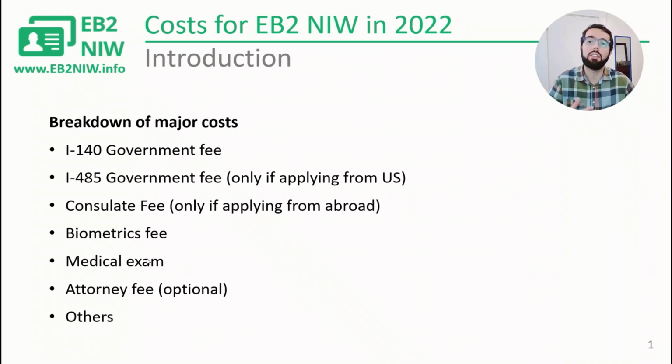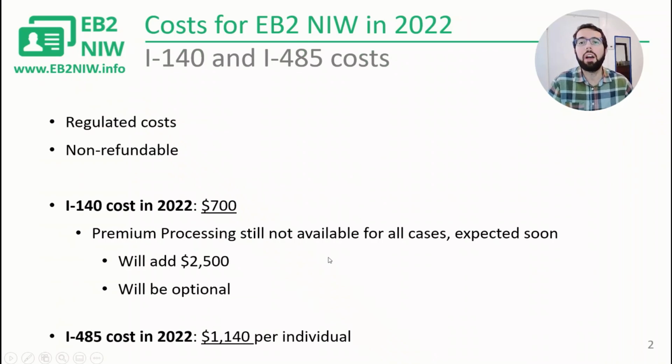Then a second class is the non-official and non-regulated costs, and that includes medical exams, attorney fees, that is an optional component that you can choose to have or not, and finally others, and we'll talk about what those other costs can be. So let's start by I-140 and I-485 costs.